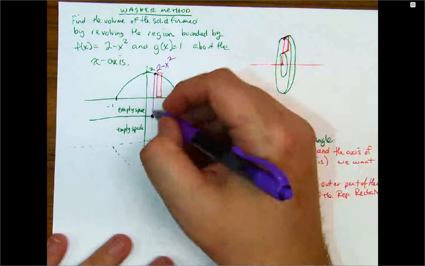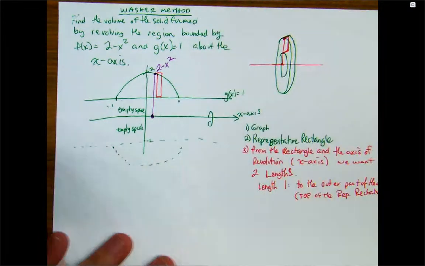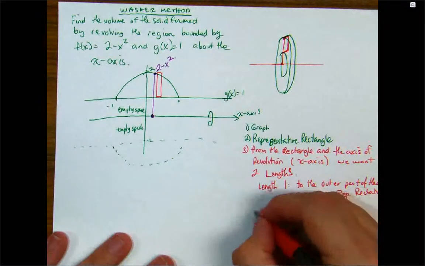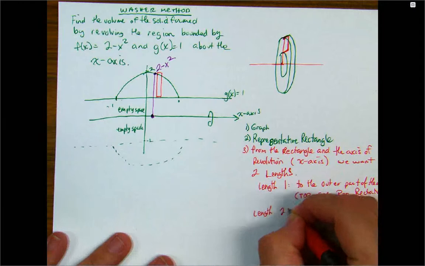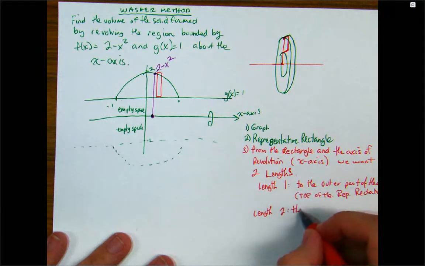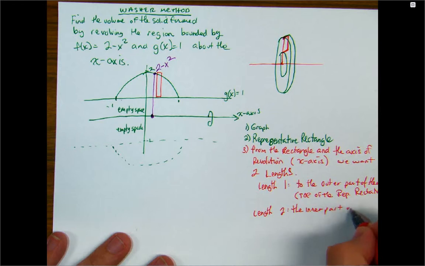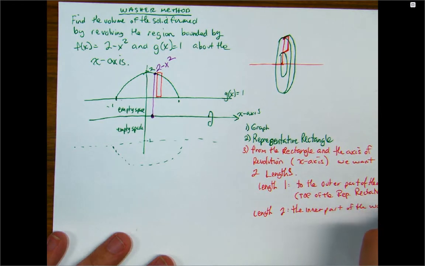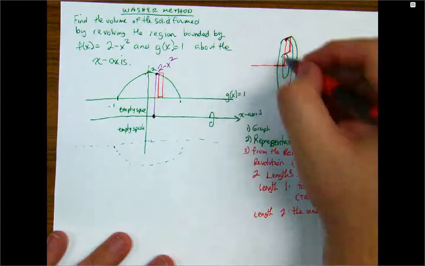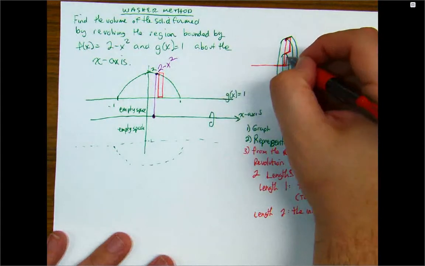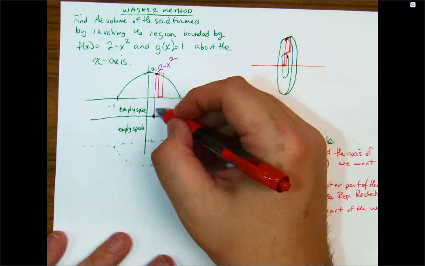Now, the second one that we want, the inner part of the washer. And the inner part of the washer is going to be this part right here. What part of the rectangle is that? The bottom.